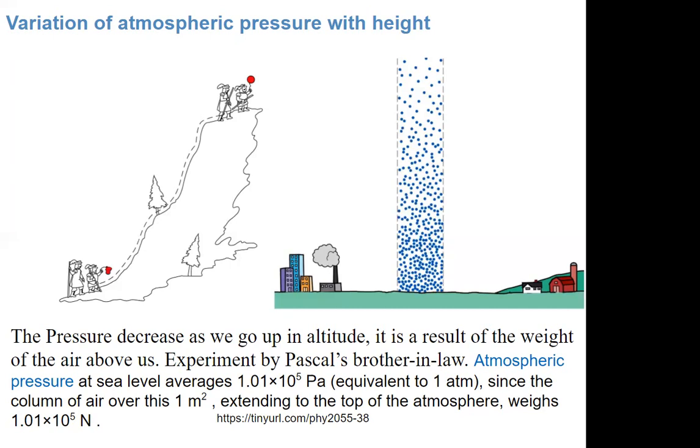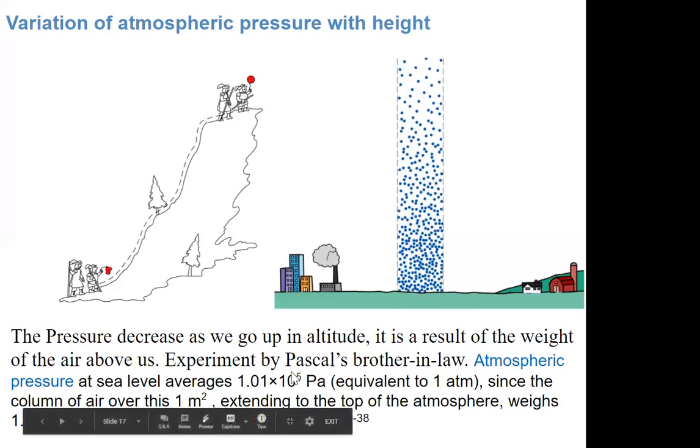If you take, say, 1 square meter as the cylinder above, the weight of all this air added up, divided by this area, gives the atmospheric pressure on the surface of the Earth. At sea level, this pressure is called 1 atmosphere, which is equal to 1.01 times 10 to the 5th Pascal, or 1 ATM.